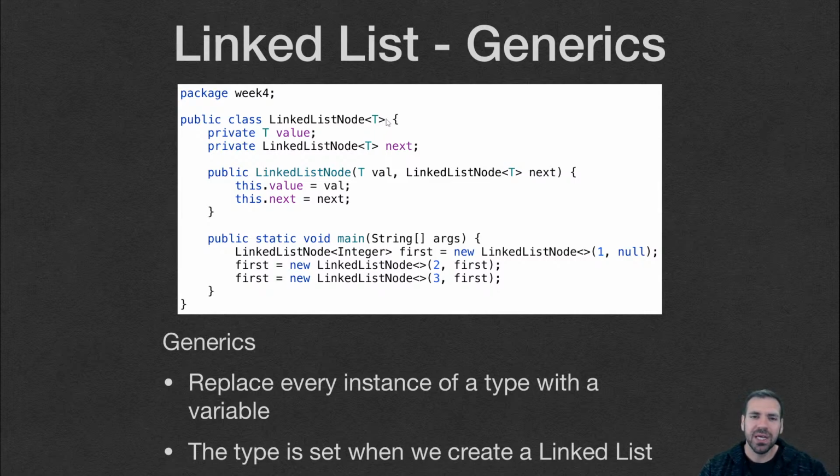So we specify our type parameter list right here. I'm going to name my type capital T. This is the naming convention. Like, this is a variable name. You can name this whatever you want. The naming convention is one single capital letter for your type parameters. So if you're reading somebody else's code and you see some variable name that's one capital letter, you know that that's a type parameter.